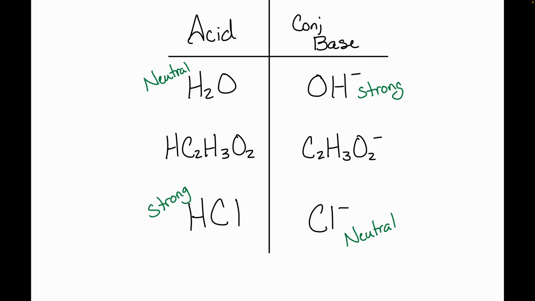All right, but acetic acid isn't a strong acid. It is a weak acid. And it turns out that its conjugate base, this thing over here, we call an acetate ion. If you add acetate ions to water, they will change the pH of that solution by acting as a base, specifically a weak base.